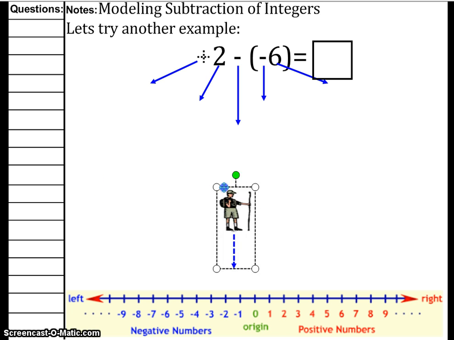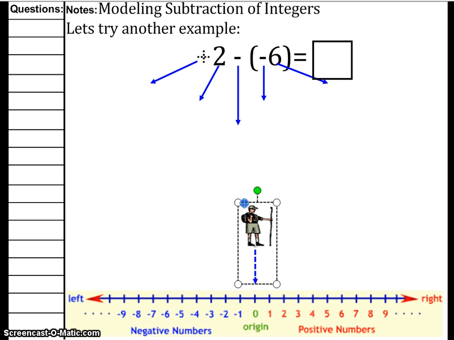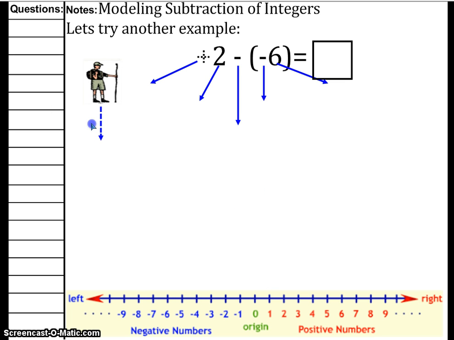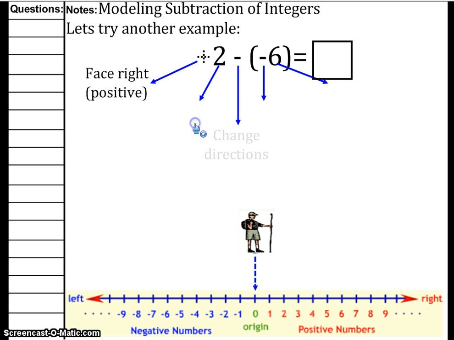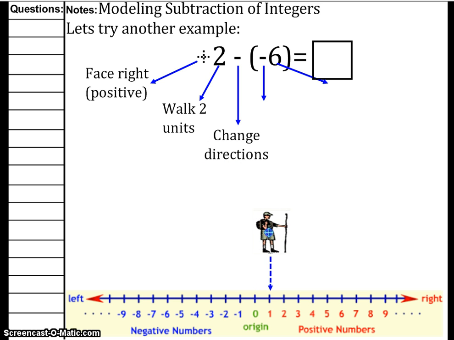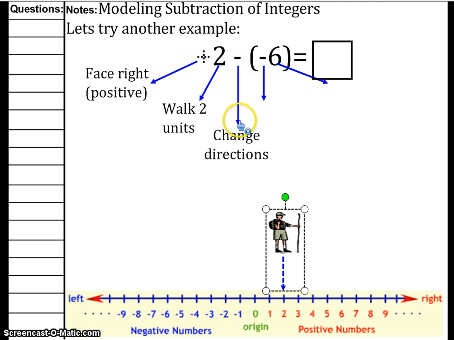Here we go. So here he's on the origin and he's facing the right direction. The 2 tells us we're going to walk in that direction 2 units. So 1, 2. This negative sign tells us, oh, we got to change directions.